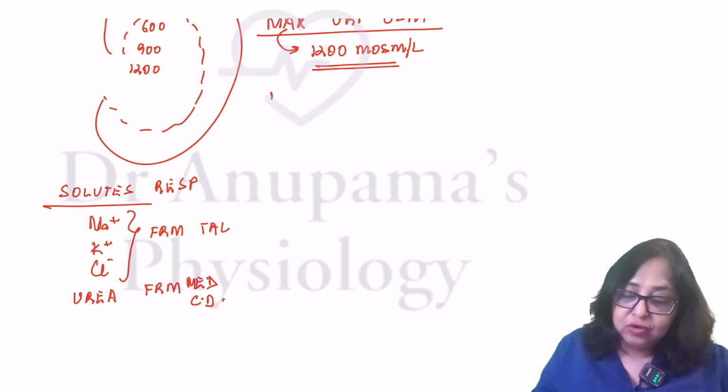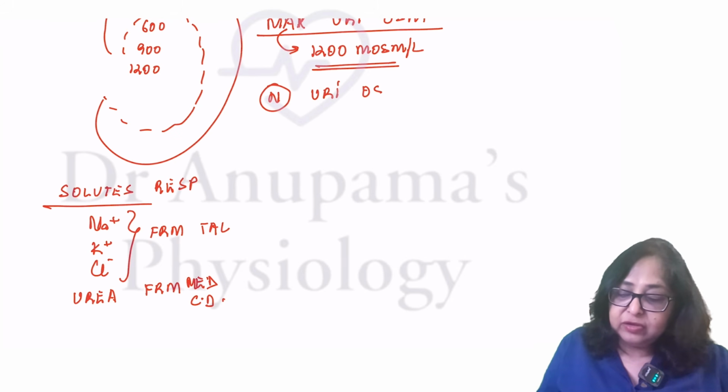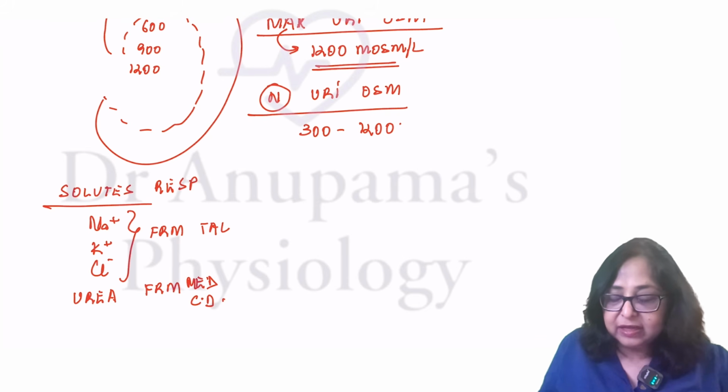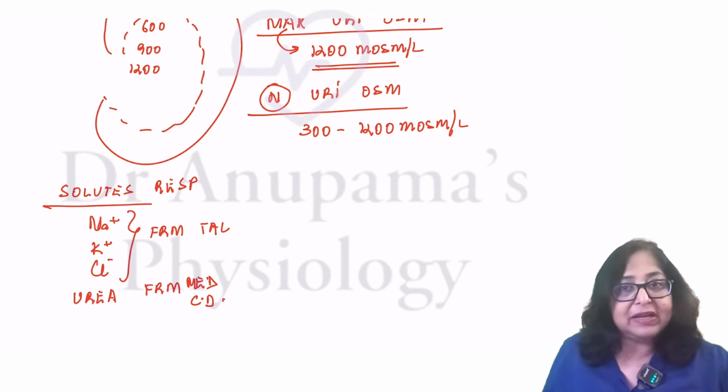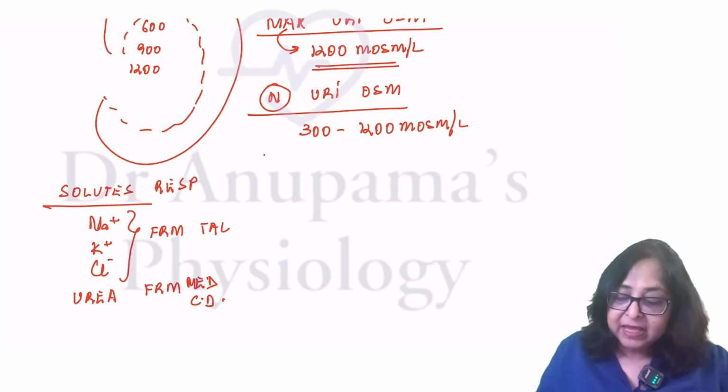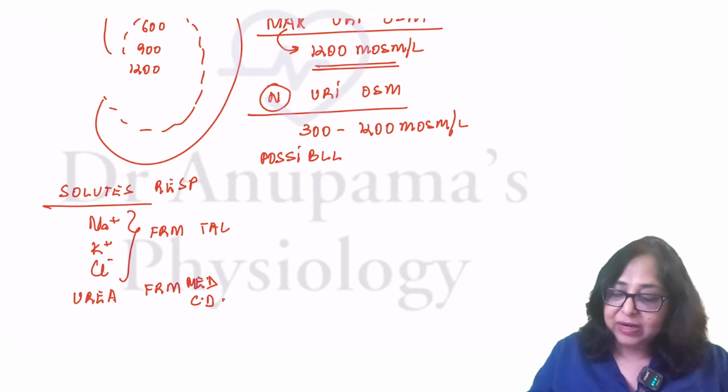How much is normal urinary osmolality? Normally the urine which is produced is isotonic to hypertonic, 300 to 1200 milliosmoles per liter. What is the possible range of urinary osmolality?